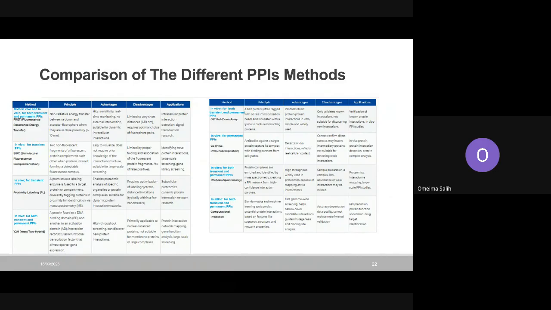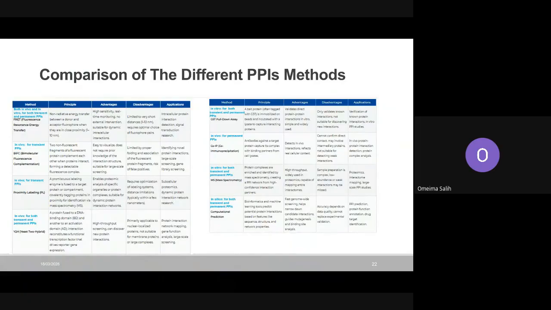This is always used for defining networks, mapping networks. So you are mapping a protein, or the type of interaction with other proteins, within a complex environment within a cell. We are going to have more information about mass spectrometry when we speak about the proteomic methods, so you can understand more about mass spectrometry.